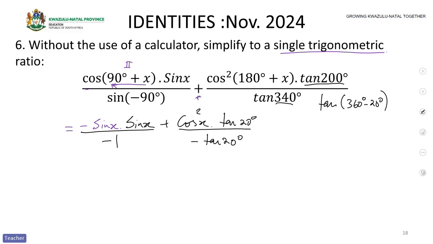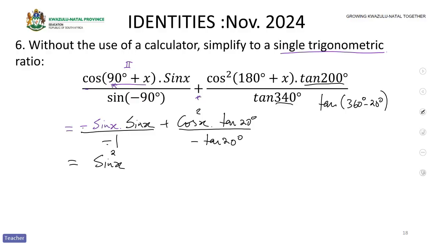I want to believe you are still following. Now, in this one, how many terms do we have? We've got one term. And on the other side, how many terms? We've also got one term. So therefore, what is negative divided by negative? Negative divided by negative will be positive. Since we have one term on the numerator, we can just multiply the numerator with the numerator. What is sin x times sin x? It will be sin squared x. So don't forget that one.